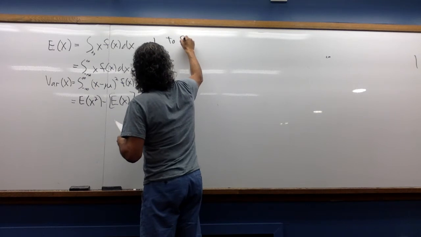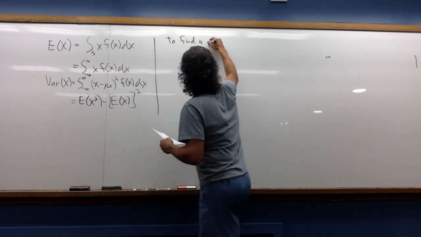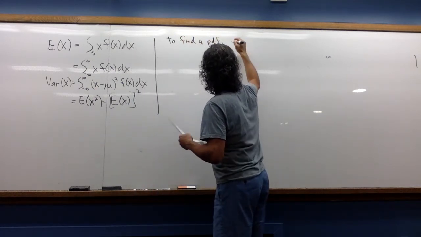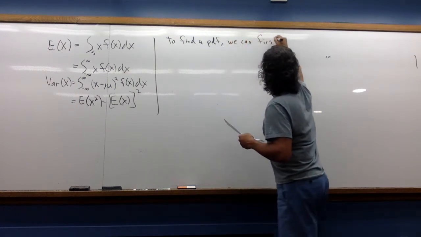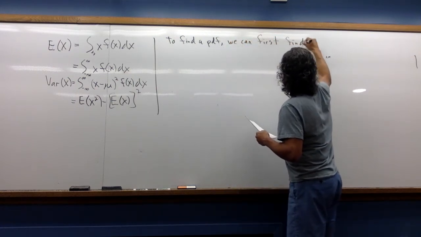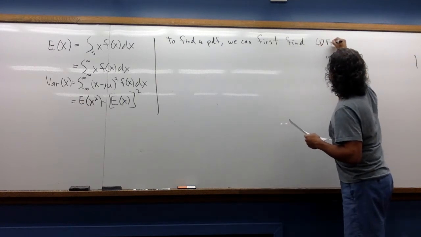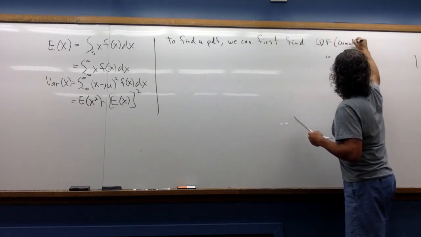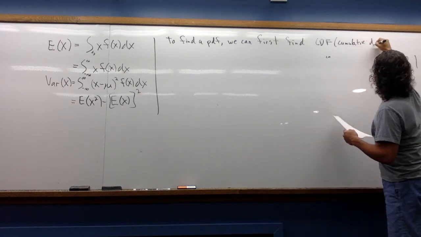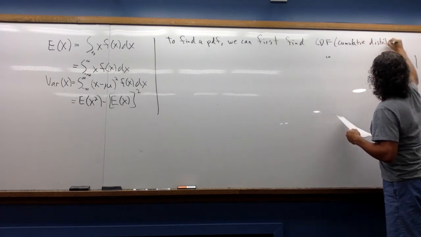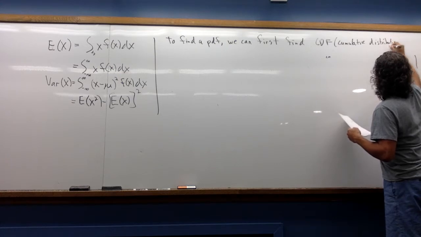So to find a PDF, one way we can do it is we can first find what's called the CDF. This is the cumulative distribution function.